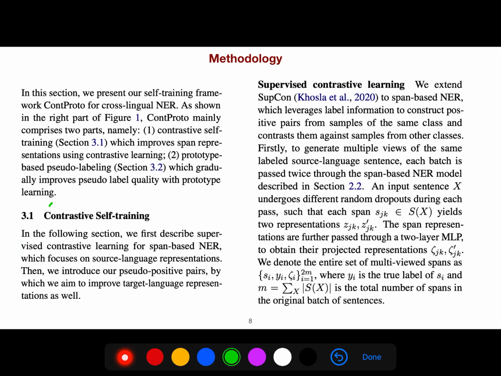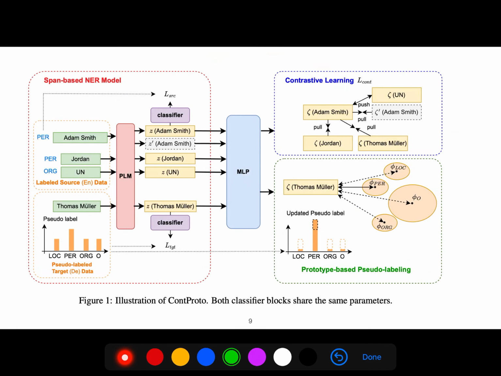I have a playlist for contrastive learning, and I've explained a few papers about supervised contrastive learning, because contrastive learning is originally defined for unsupervised or self-supervised learning, let's say, for the application of computer vision. So this is the overall architecture of ContProto.